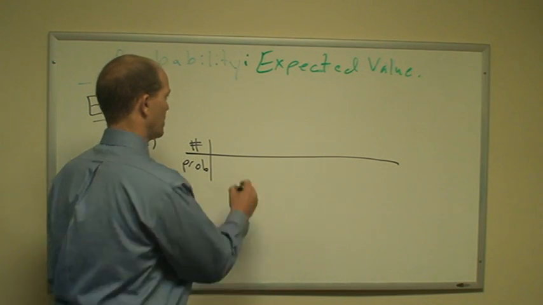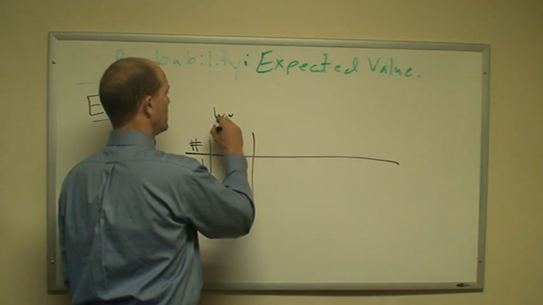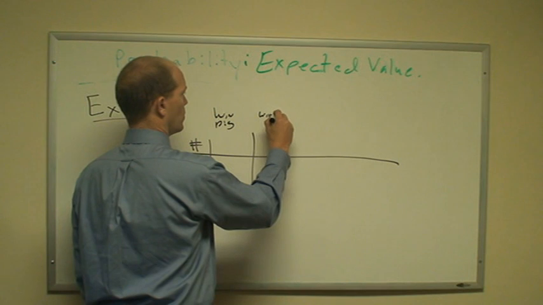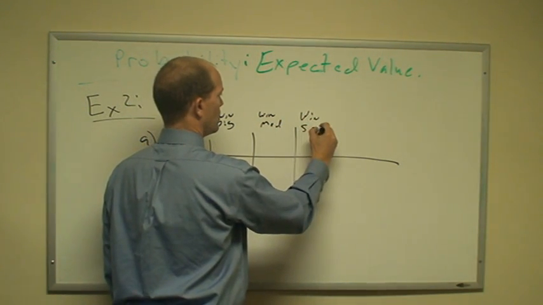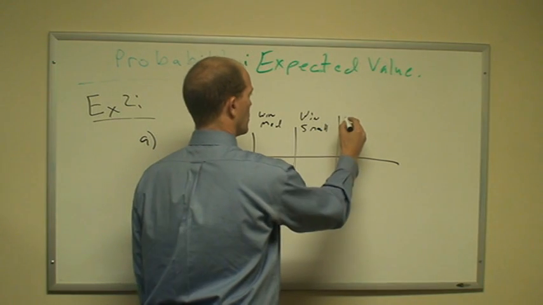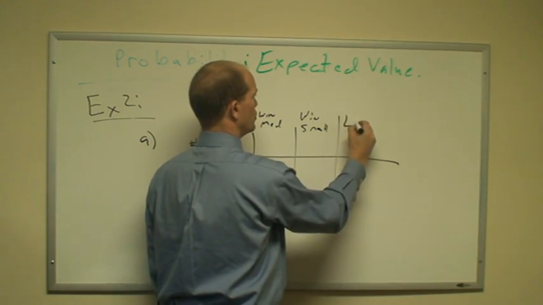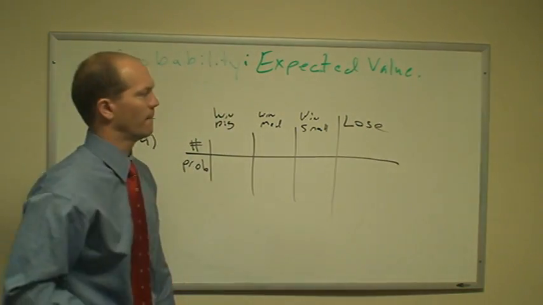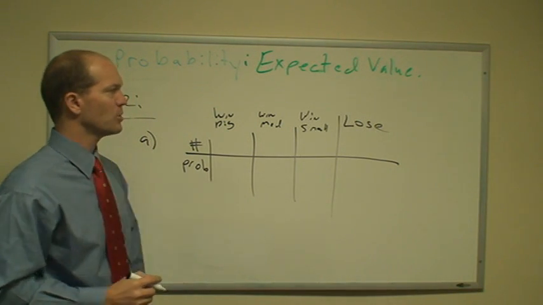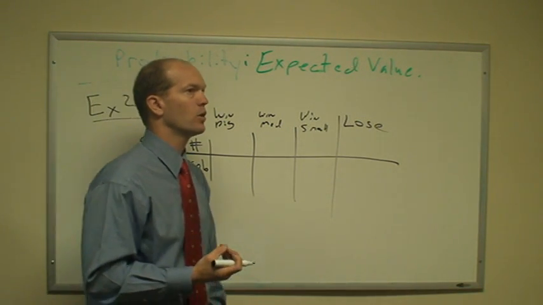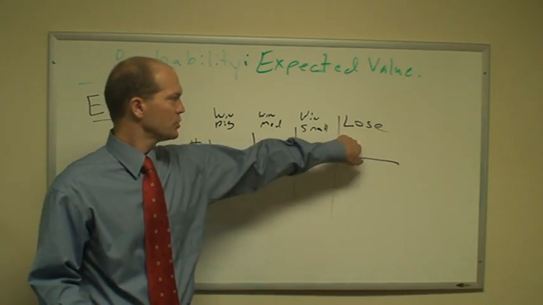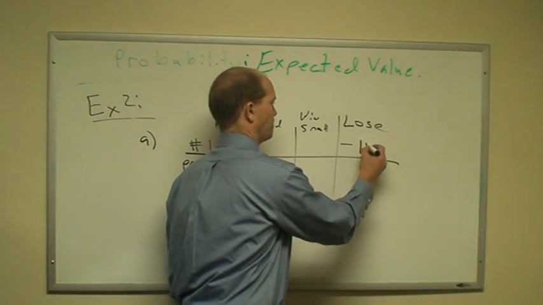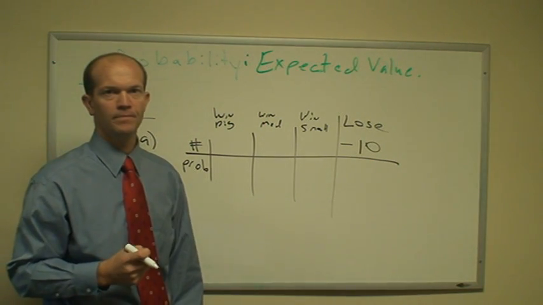I'm going to call this win big, win medium, win small, or what's that other thing? Oh yeah, lose. Now in terms of the appropriate numbers to put with those things, if you pay $10 for the raffle, and you don't get any of the prizes, that lose amount should be a -10.